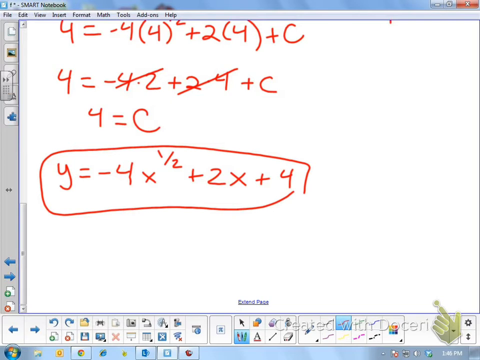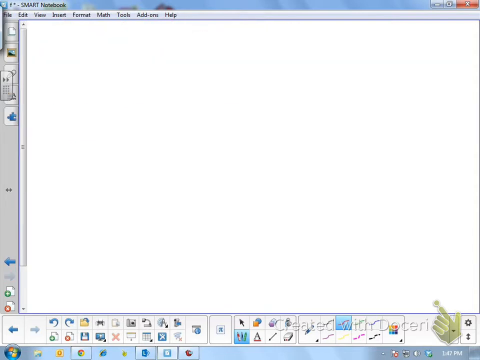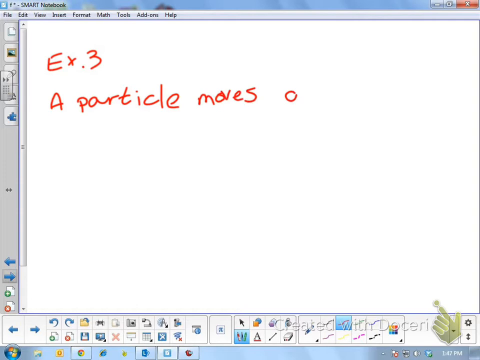So the last thing we could do with this is word problems. So they're going to give us a particle. We do a lot of particle problems. You see those on the AP test quite a bit. Moves along the x-axis.